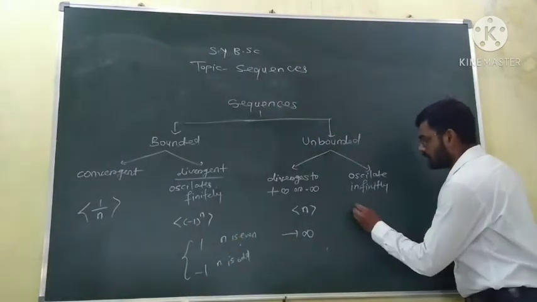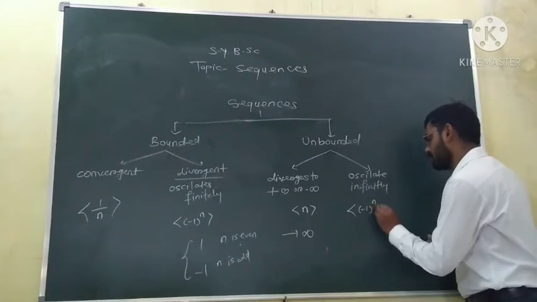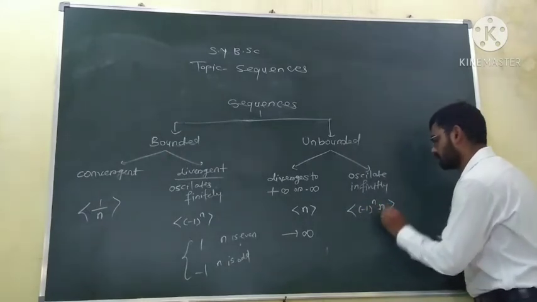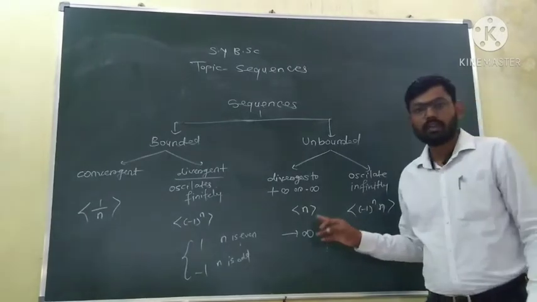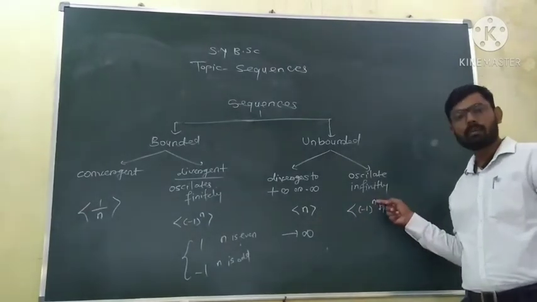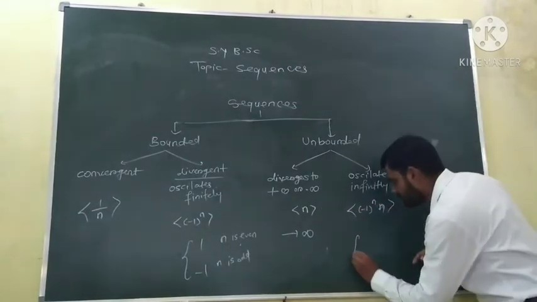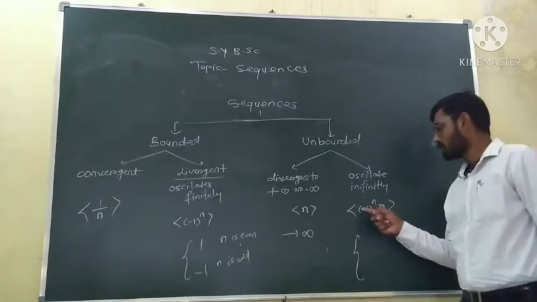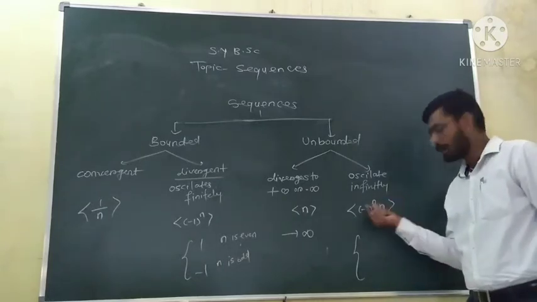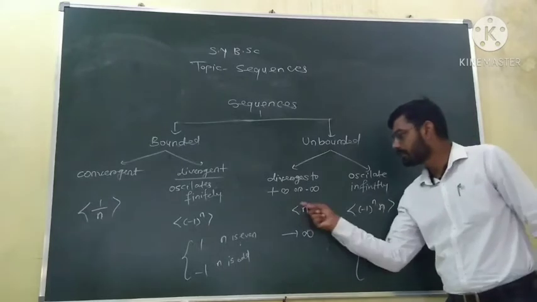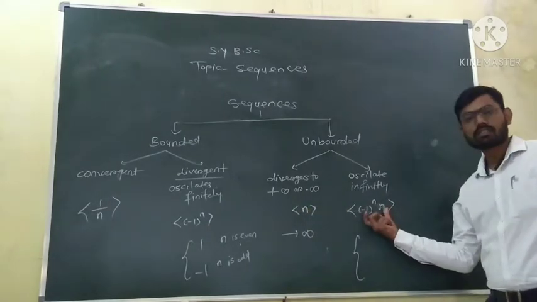Say, for example, you take (-1) raised to power n into n. Now if we take n as an even number, (-1) raised to any even number becomes +1, so the sequence becomes n.